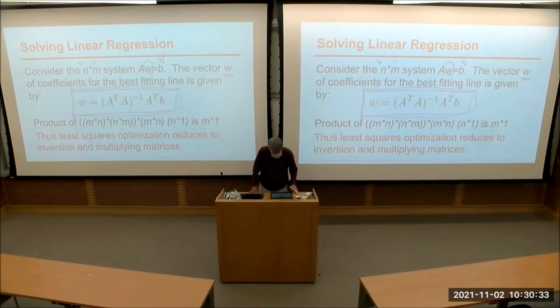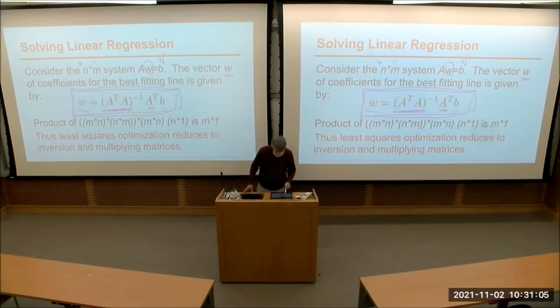According to this formula, the coefficient vector is: we take the data points, transpose them, multiply them by A, and take the inverse of this. This is now a covariance matrix. We take the inverse of it, multiply it by the transpose of the points, and multiply that by the target values.